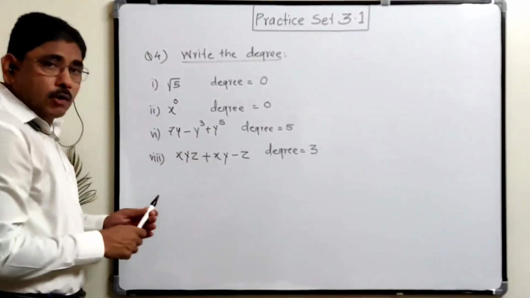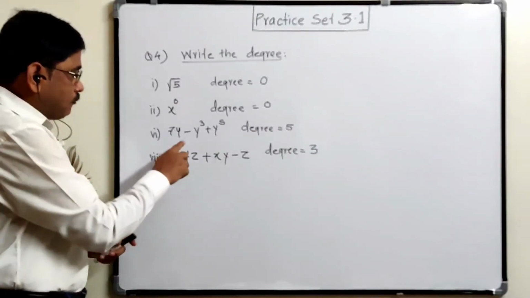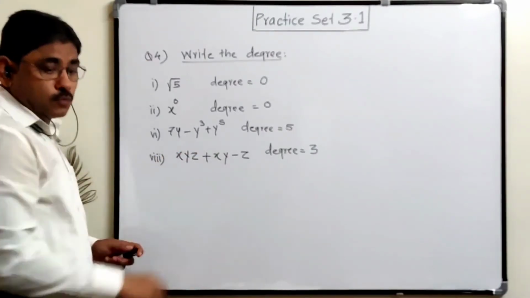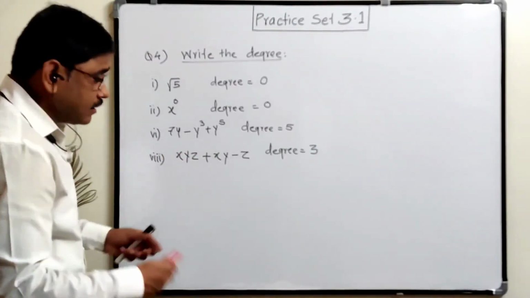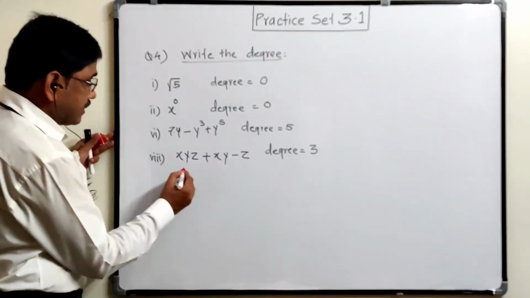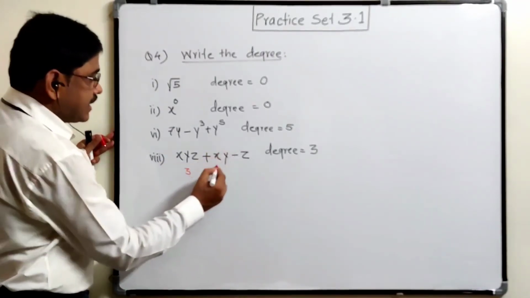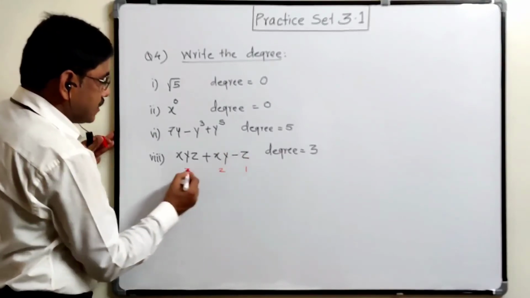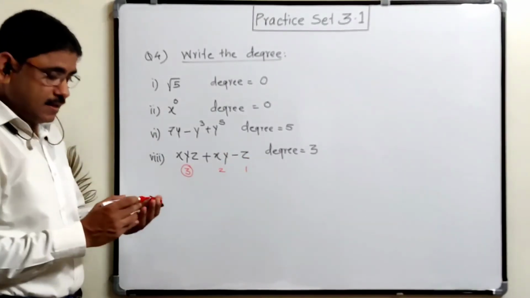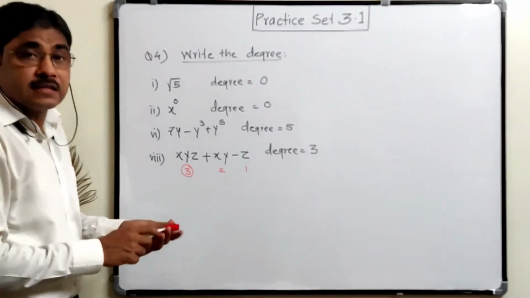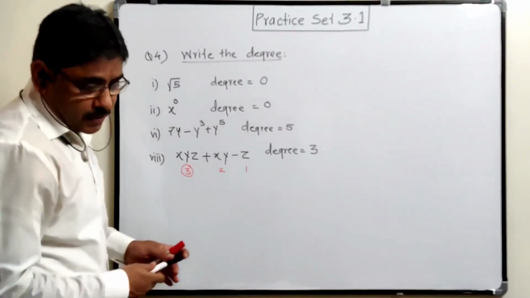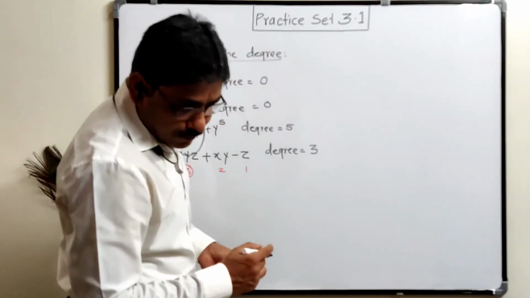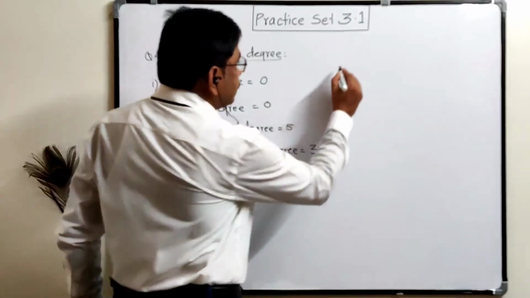Here power of x is 1, power of y is 1, and power of z is 1. So add the powers. So highest sum is 3, and that's why the degree is 3.